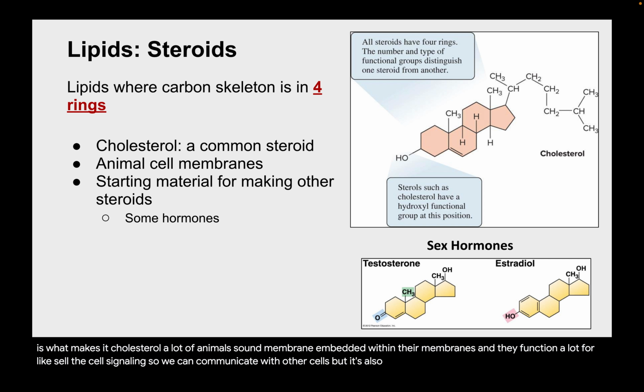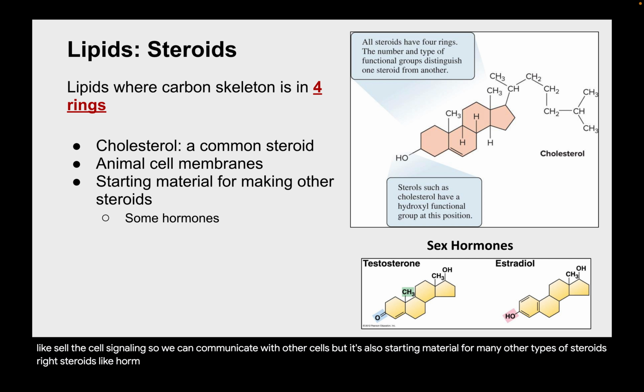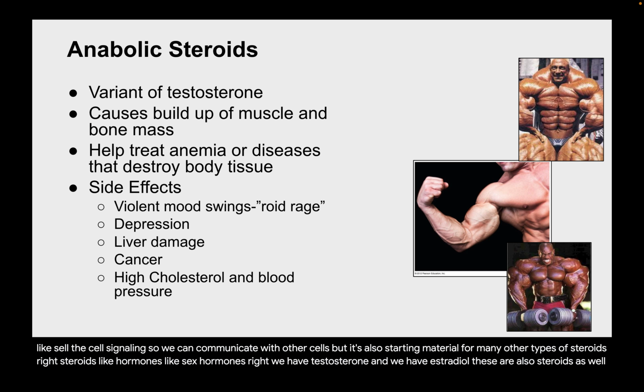But it's also a starting material for many other types of steroids, like hormones, like sex hormones. We have testosterone and we have estradiol. These are also steroids as well. The key here is that they're in 4 rings.